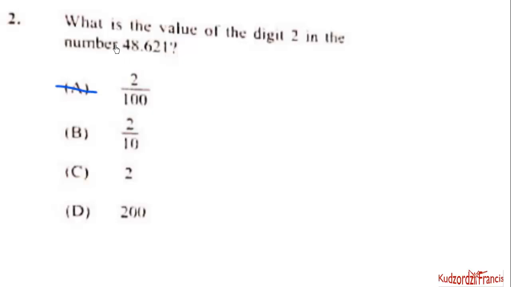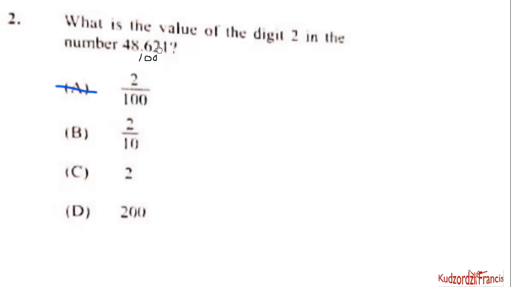What is the value of the digit 2 in the number 48.621? So from the decimal point you can indicate a 1 there, then all to the right you indicate 0 under them.